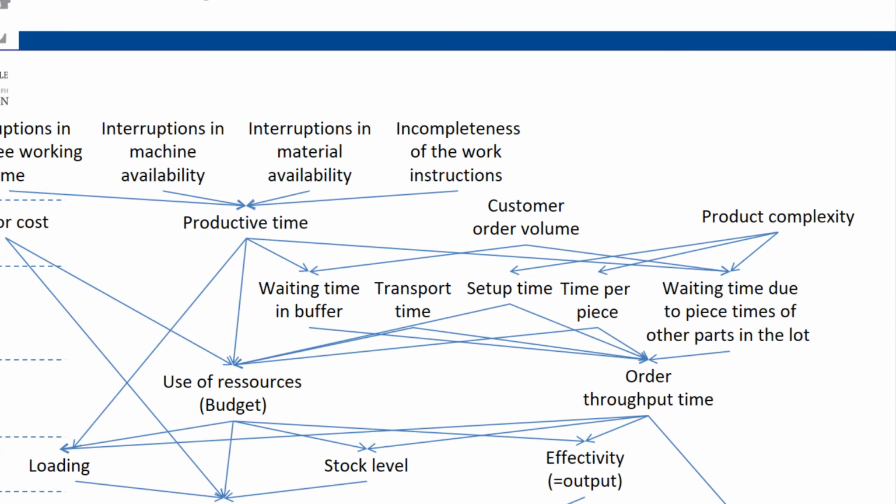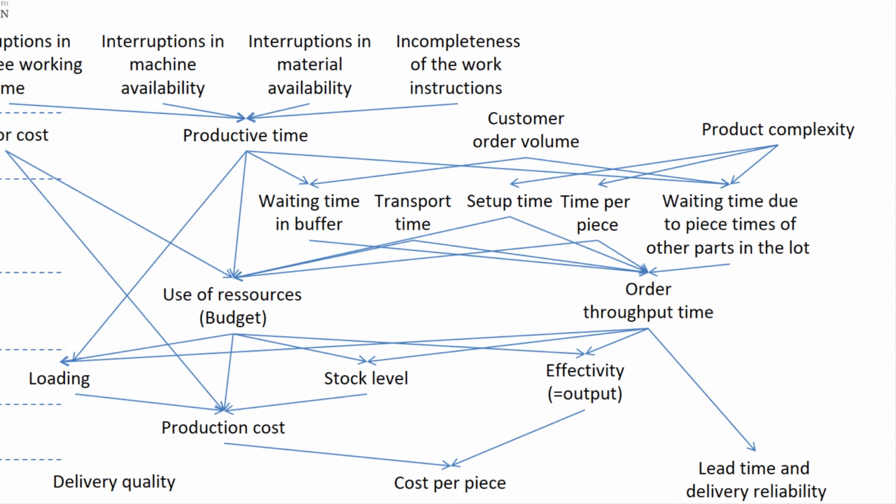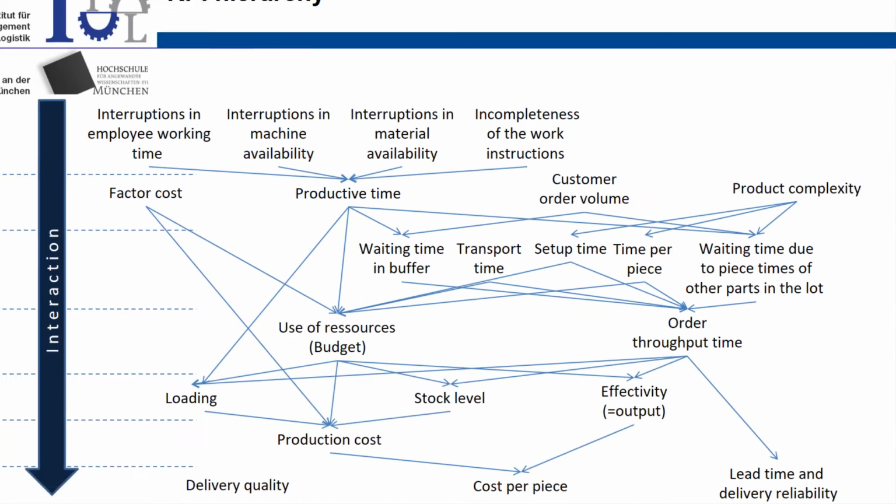In the end, we use fewer resources and we get a better effectivity, and of course we get lower production costs, a higher loading, a better stock level, and after all a better cost per piece. And the shorter our order throughput time is, the better lead times we get for the customer and our delivery reliability improves.